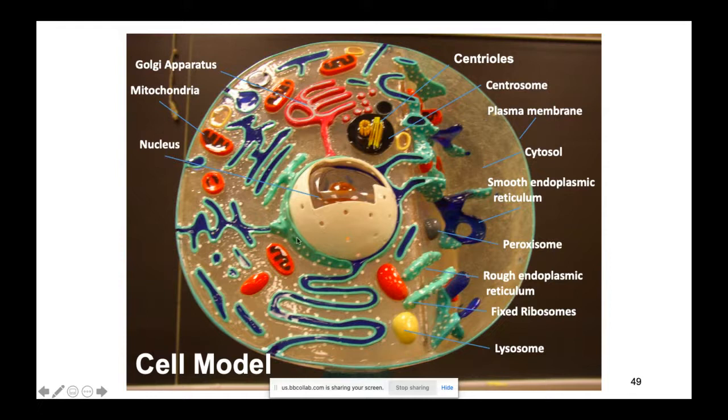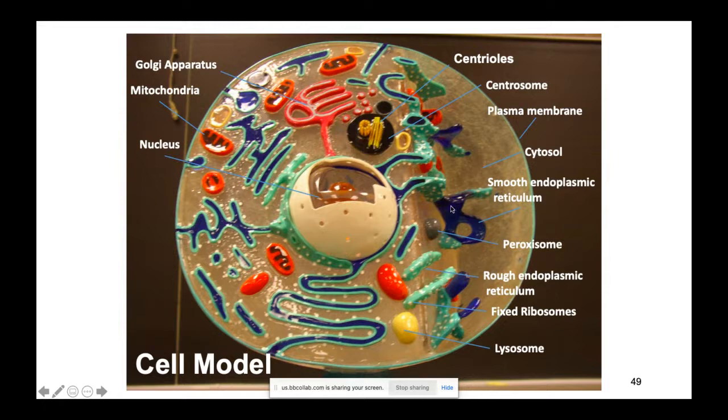Then we have an endoplasmic reticulum, which is this aqua color that is continuous with that nuclear envelope, with these white speckles of salt on it, right? These white speckles are called ribosomes. When we have ribosomes that are fixed to the endoplasmic reticulum, it has a rough appearance, so it's called a rough endoplasmic reticulum.